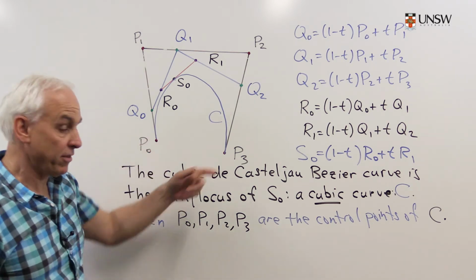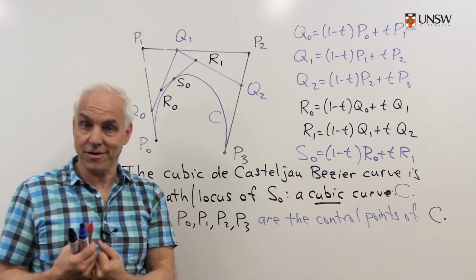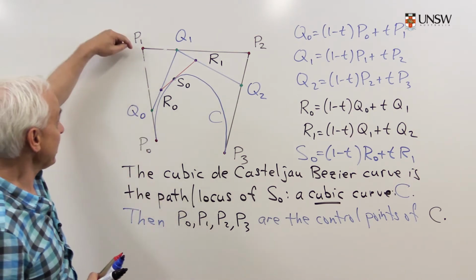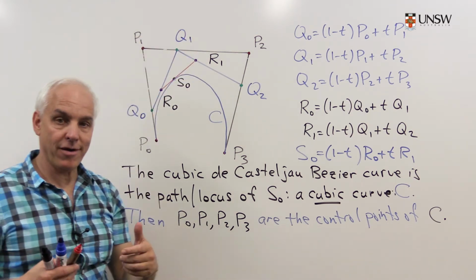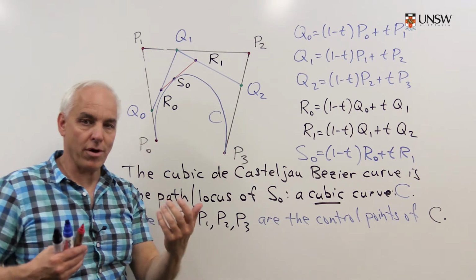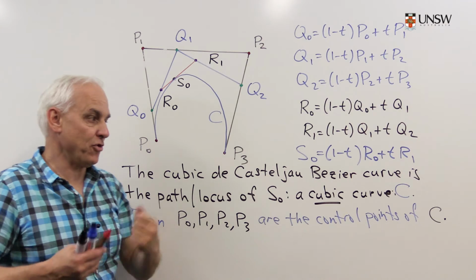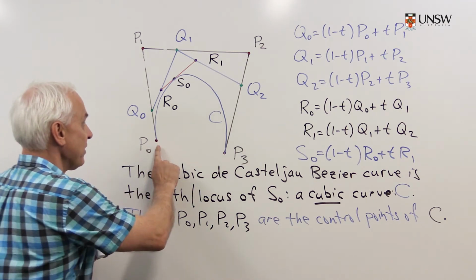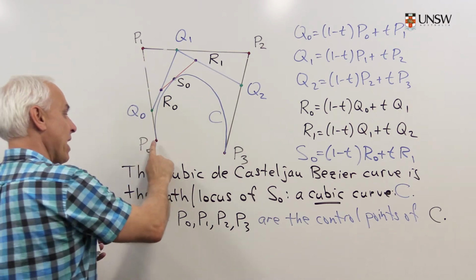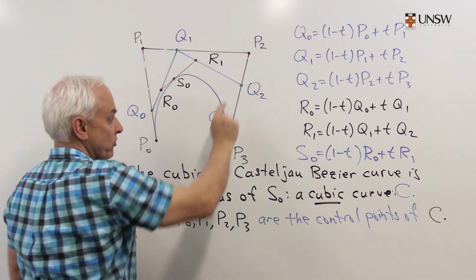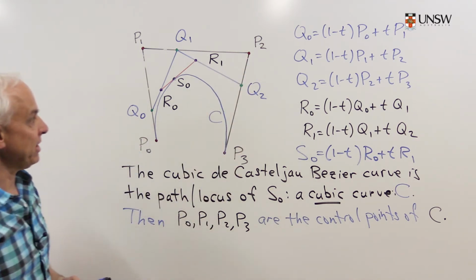So P0 and P3 are the endpoints. They're actually on the cubic, whereas P1 and P2 are more giving directions for the direction of the curve. So they're specifying the tangent direction as we emanate from P0 and the tangent direction as we emanate from P3.